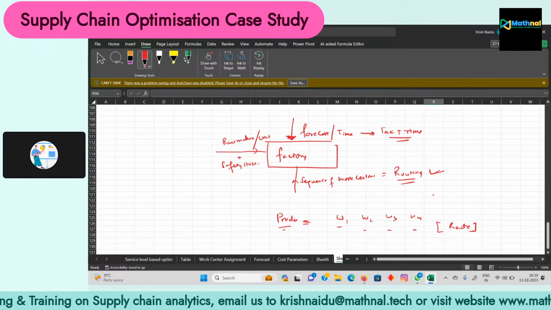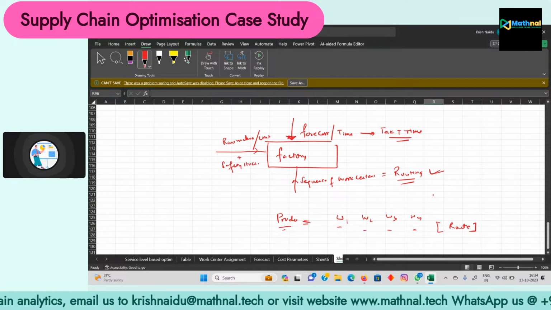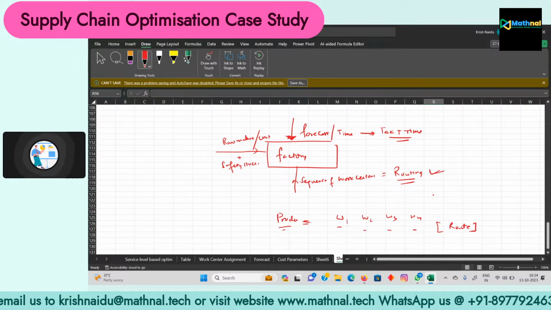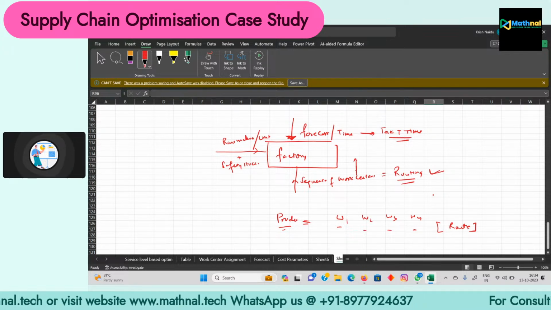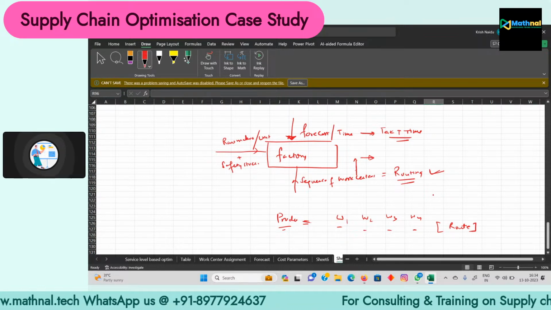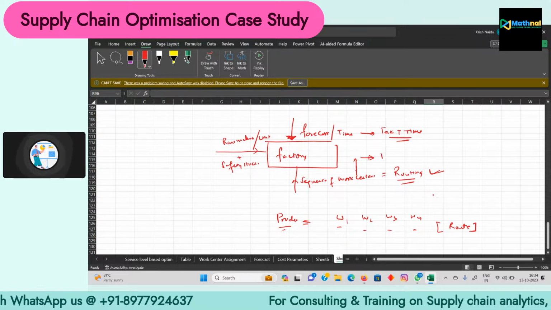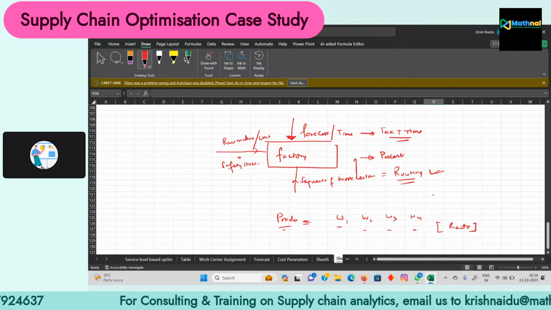Okay. So we have taken forecast per unit time, we have taken the takt time, we have taken the sequence of work time, we have taken the safety stock and raw material. Now each and every work center will have certain production time, certain processing time, right?